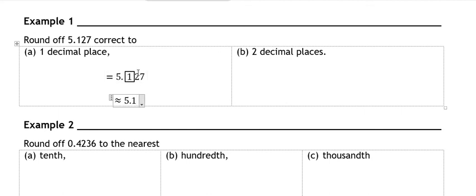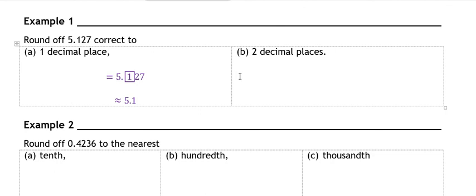And then the digits here, when you have decimal places, it is actually 0, 0, right? But here you don't have to write down the 0. That's not necessary because you are rounding off to 1 decimal place. So this is your answer already. Okay, 5.1 is your answer for the first one.